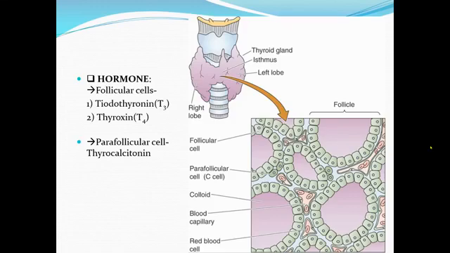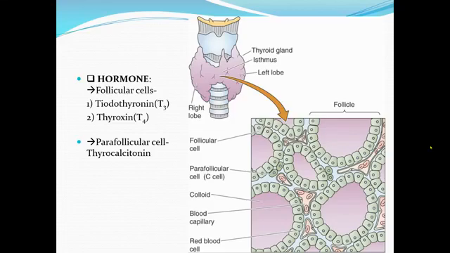These raw materials are iodine and tyrosine. There are two types of cell: follicular and parafollicular. The hormones triiodothyronine, thyroxine, and thyrocalcitonin; their synthesis depends on the external environment for raw materials, that is iodine and tyrosine.